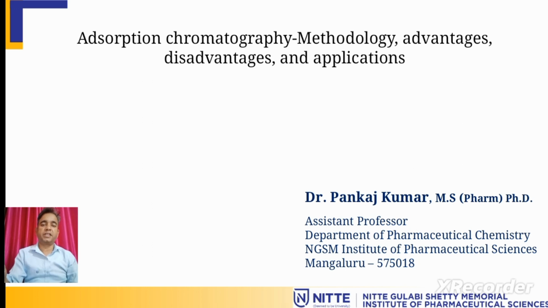So with this regard, this unit on absorption chromatography, methodology, advantages and disadvantages, contains 4 different chapters, which include paper chromatography, column chromatography, TLC and electrophoresis. In this unit we will see all the chapters individually, but here we are going to learn about absorption chromatography.